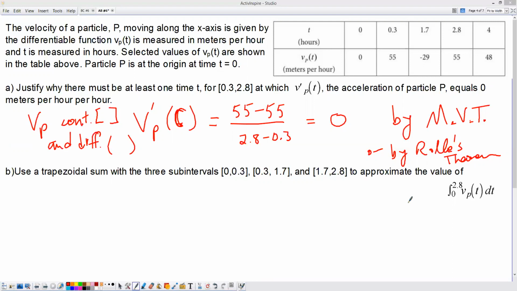So you still need to state that it's true because of the mean value theorem. You just kind of stated it in a longer way. Melinda, yeah, you need to say that it's continuous on the closed interval and differentiable on the interval. That's part of your justification.